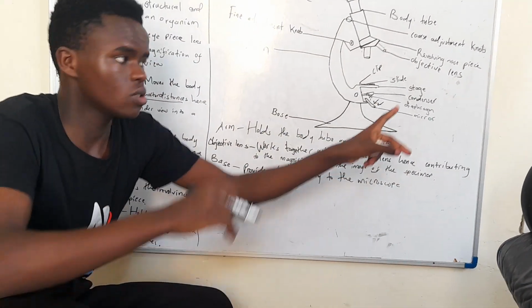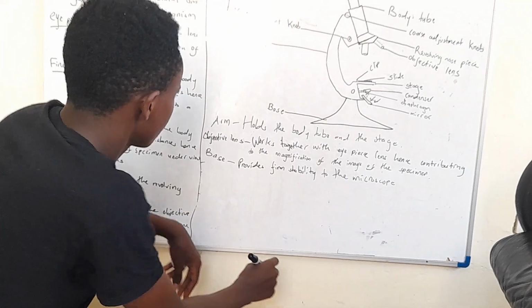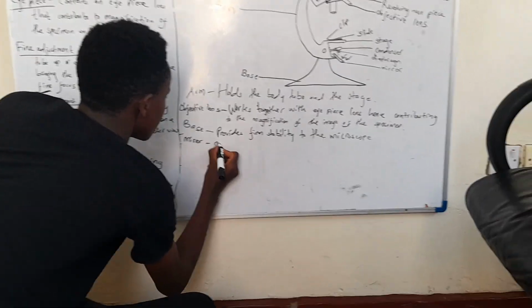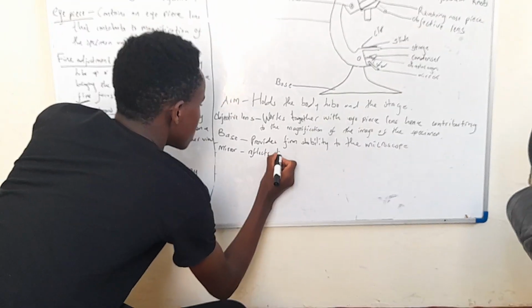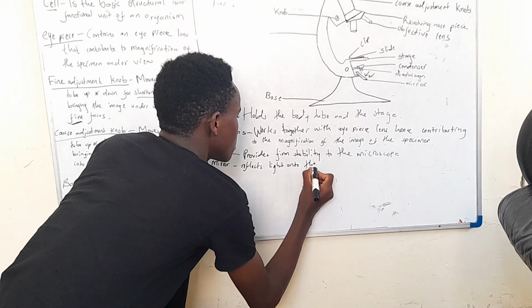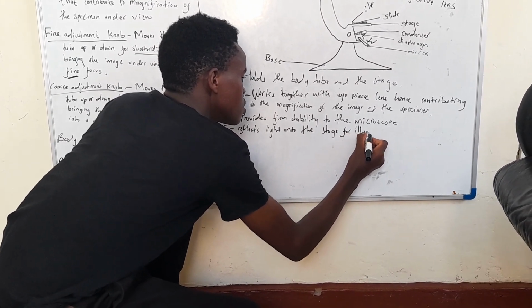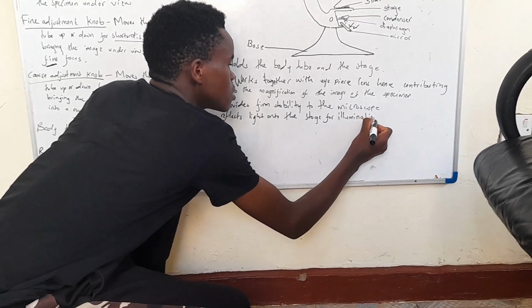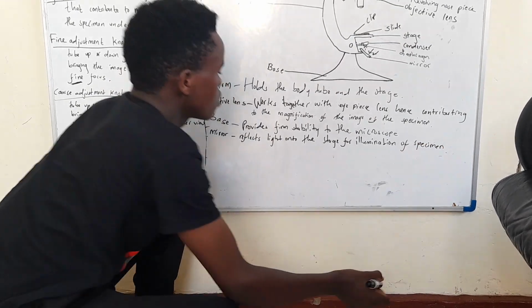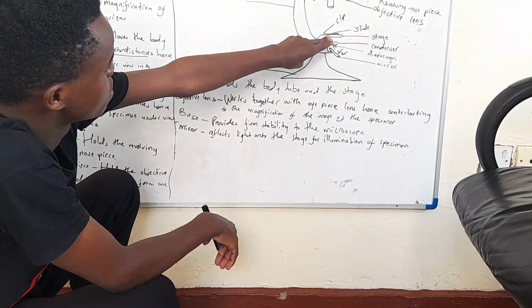So the function of the mirror is to reflect light onto the stage for the illumination of the specimen.